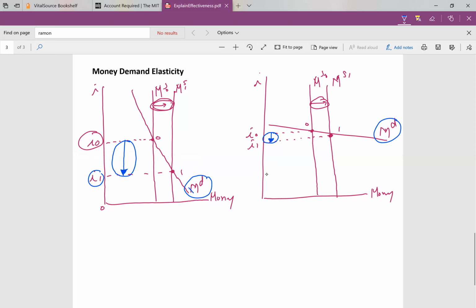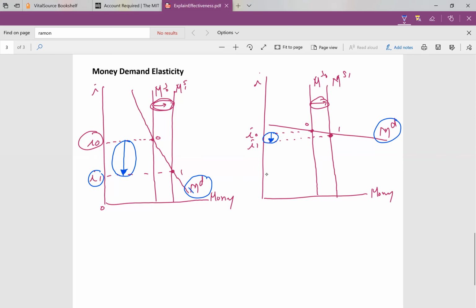So, yes, the effectiveness of monetary policy depends on the elasticity of demand, whether the demand for money is inelastic or elastic.